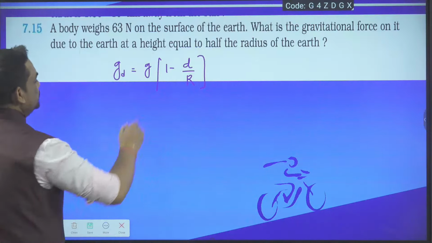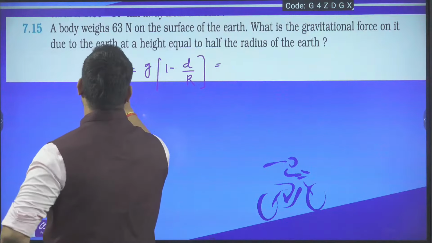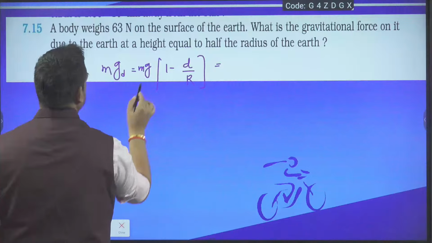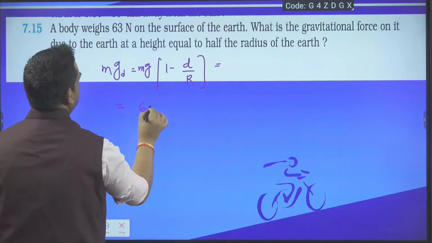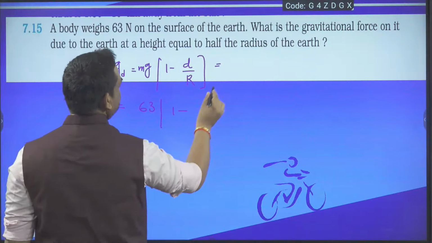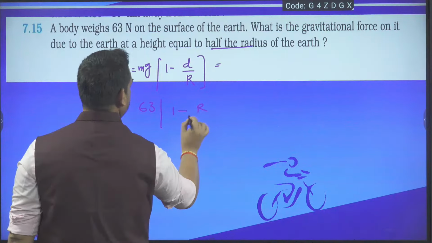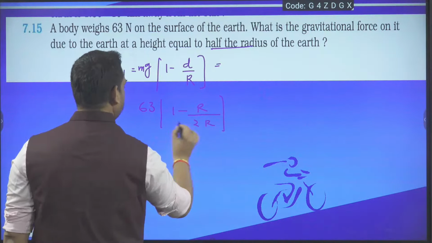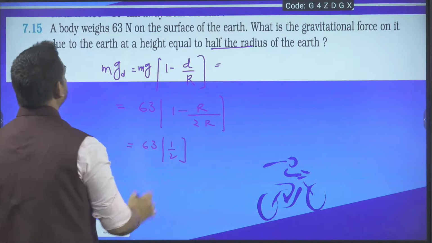So GD equals G times 1 minus D by R. They are asking about the weight, so I can write M here, here also M. MGD we have to find. MG at the surface is 63. Then 1 minus D, where D is half the radius, so R by 2 into R, 1 by 2. So this becomes 63 times 1 by 2.